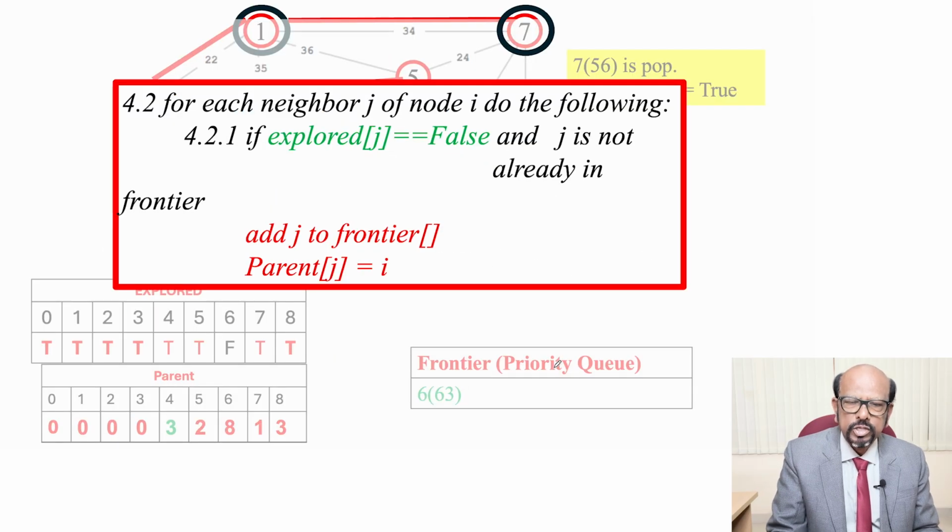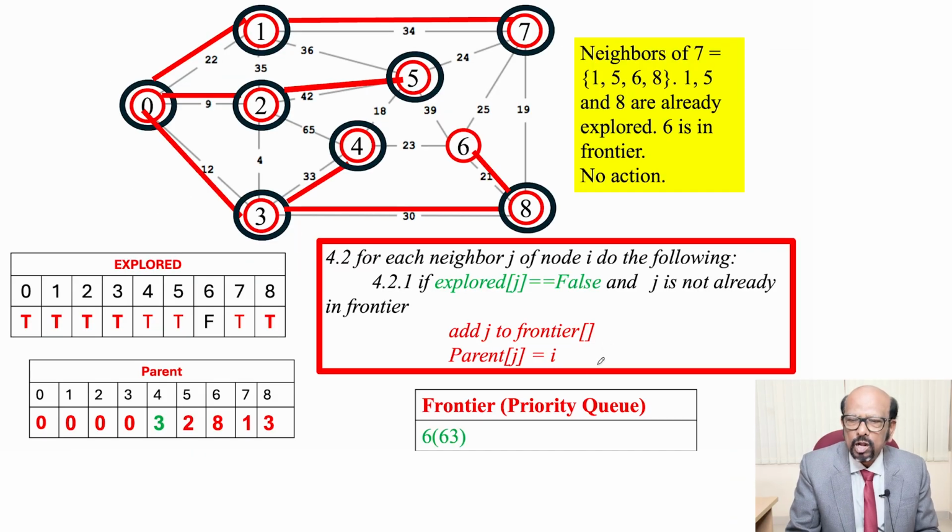Now we have to check 4.2.1. Every child of 7, we will have to verify those two conditions. So for 7, what are the neighbors? 1, 5, 6, 8. Look at it. 1 is explored, 5 is explored, 8 is explored, and 6 is already in the priority queue. So no action here.